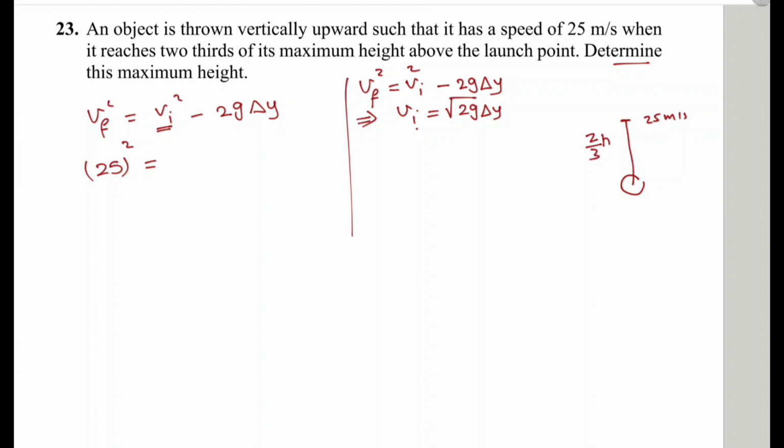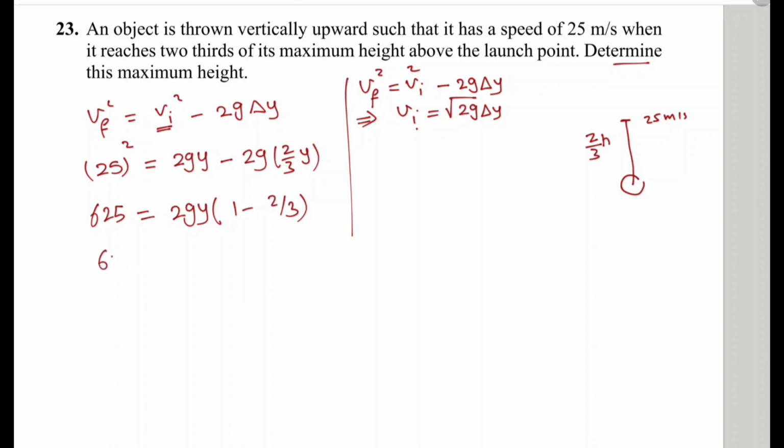You substitute this back in the first part of the motion, so this one will be 2g. Actually, no need to say delta y because the initial position equals 0, so just y, minus 2g times 2/3 y, and 625 equals 2g y times 1 minus 2/3.